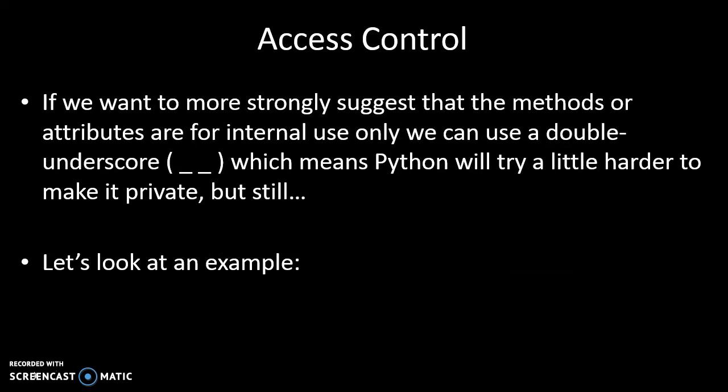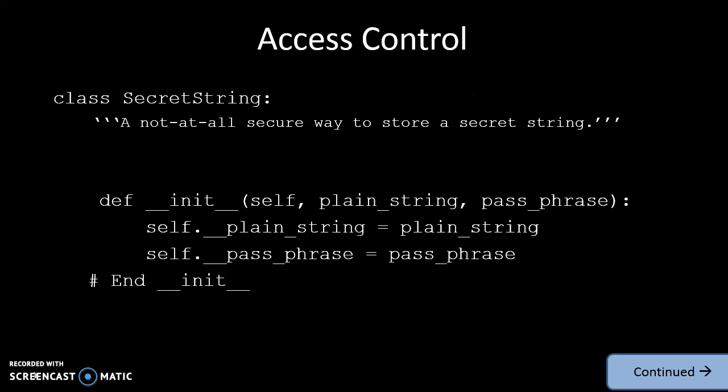But if we want to make things slightly more difficult to access, we can put a double underscore in front of a method or attribute. It doesn't make it private, but it just makes it harder to get at. So let's say we had a class called SecretString, and it's a not secure way of storing a message plus a password.